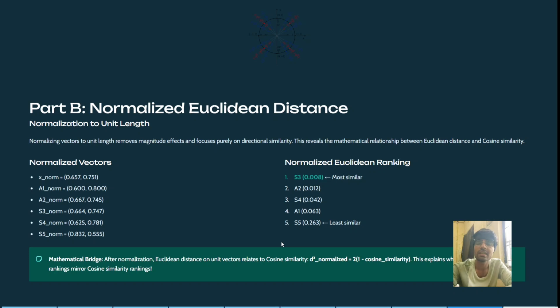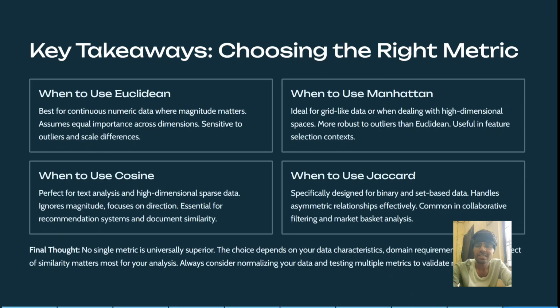Here is the key insight. When you normalize vectors to unit length and then compute Euclidean distance, it is mathematically related to cosine similarity. In fact, the squared distance equals 2 times 1 minus cosine similarity. So normalized Euclidean distance and cosine similarity give us similar information about the angular difference between vectors.